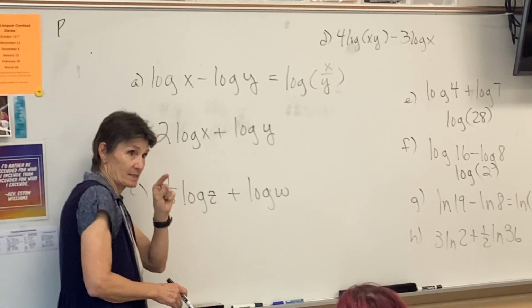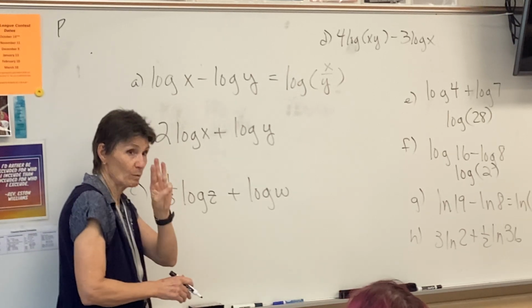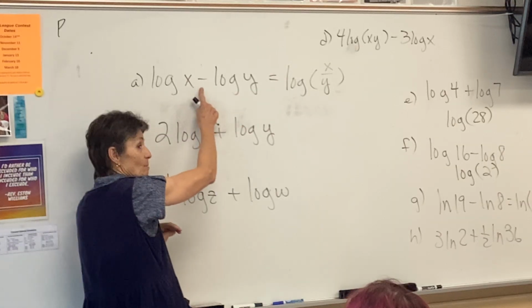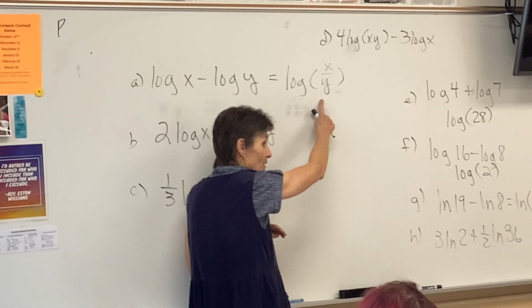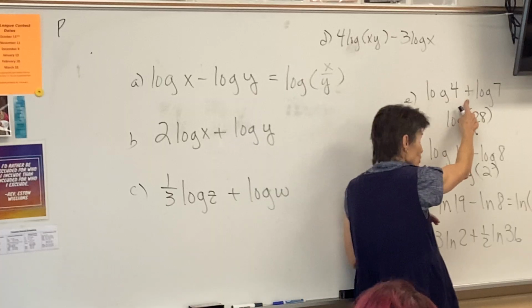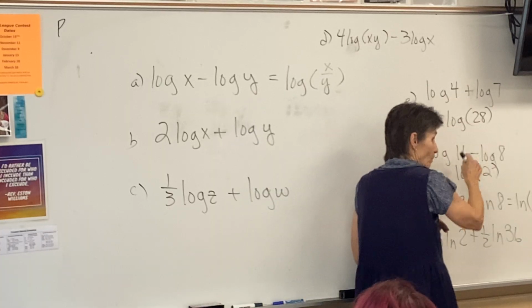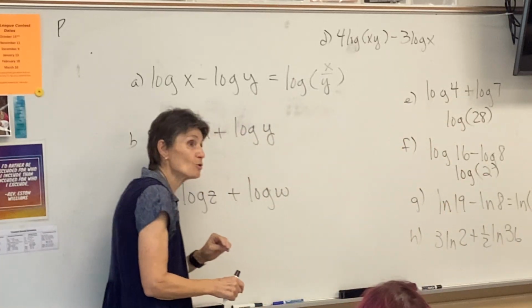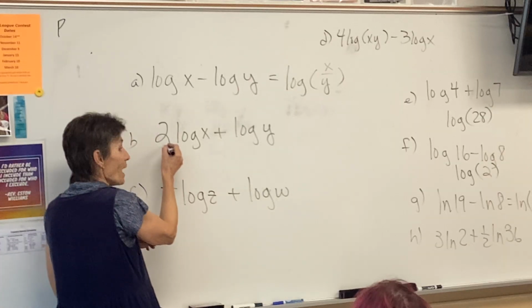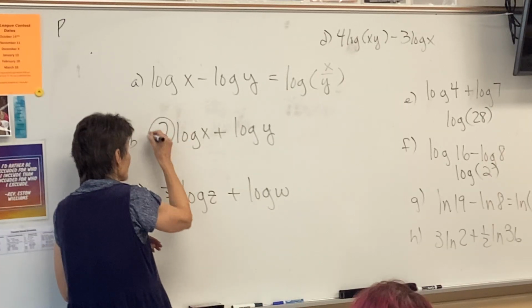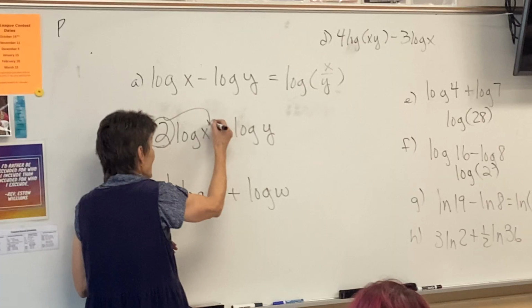is your next rule to know. 3 rules. First one is when it's a subtraction, it turns into a division. When it's an addition, it turns into a multiplication. And the third rule is if you have a coefficient, it becomes an exponent.